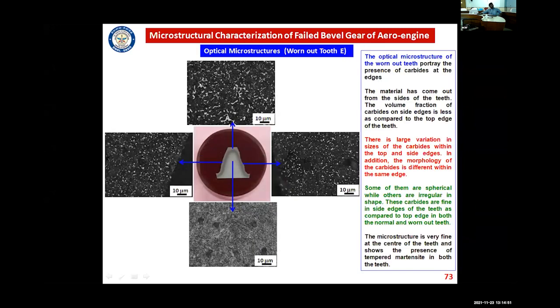So you can see that this is the optical microstructure of the worn out teeth, that means the damaged teeth. Again, there is a variation in the microstructures on the top edge and on the side edges, and basically at the center it is tempered martensite.